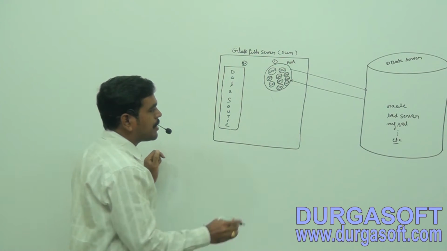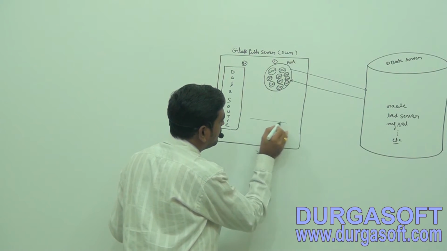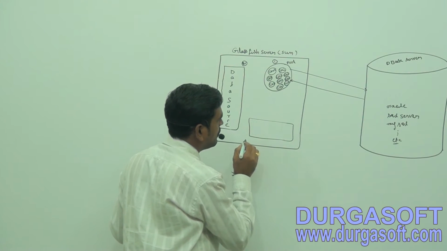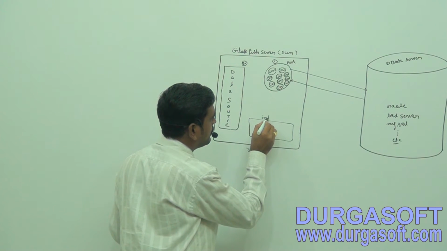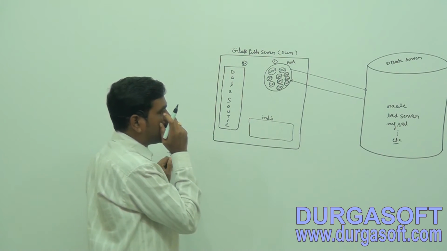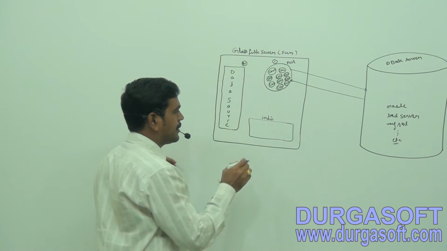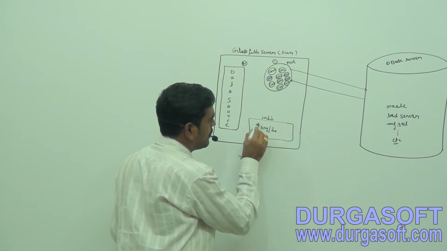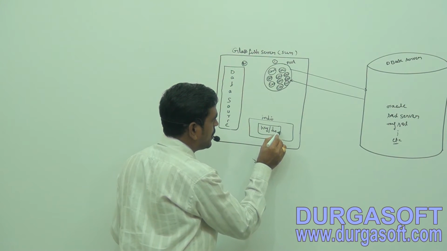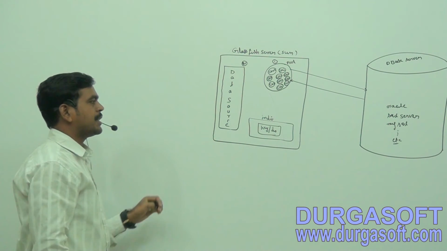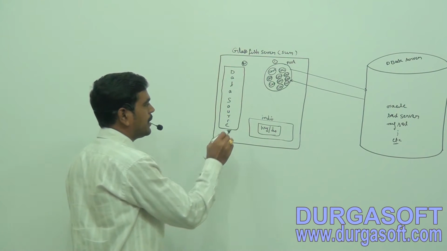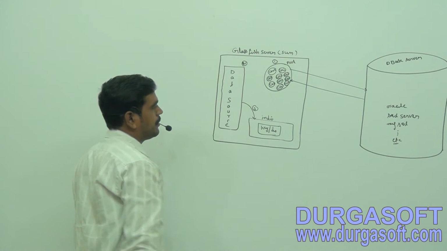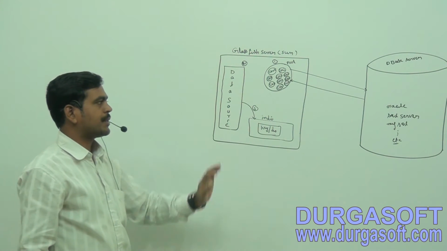After that, we have to configure the JNDI name, Java Naming and Directory Interface. Now here, key and DS. We have to configure like this, key and DS. Then finally, we have to configure this DS.